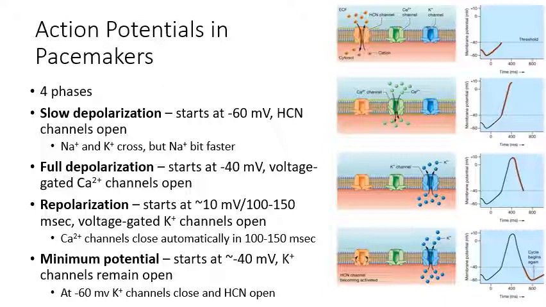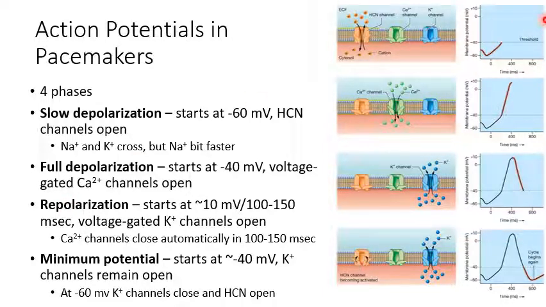So it's going to cross a little bit more slowly than sodium does. Even though sodium and potassium are both crossing the membrane, sodium is crossing faster and potassium slower, which means that overall sodium is entering the cell and the membrane potential is going to become more positive.